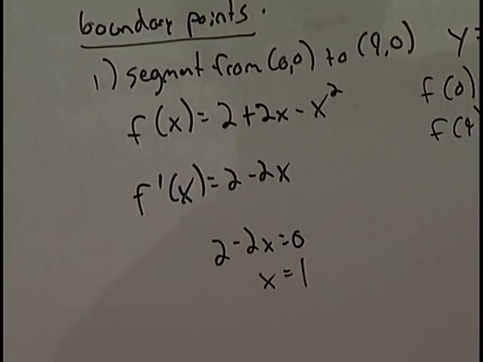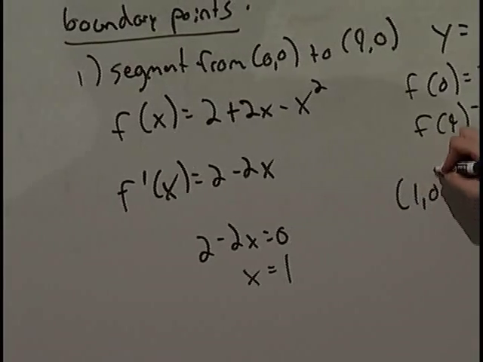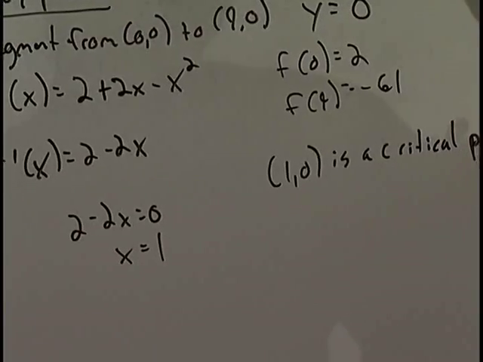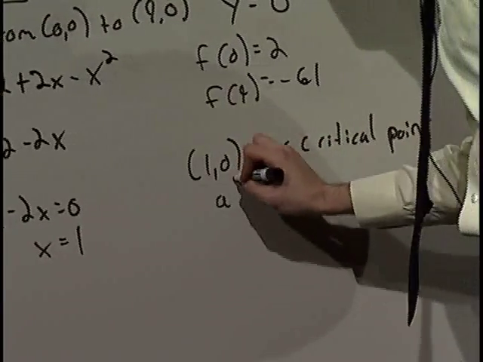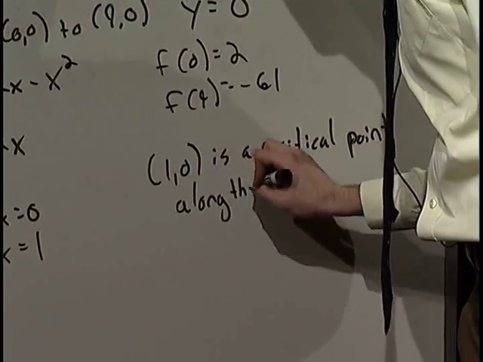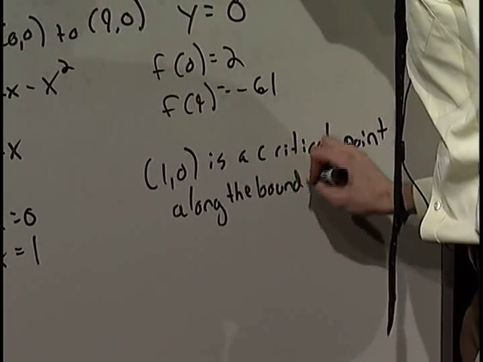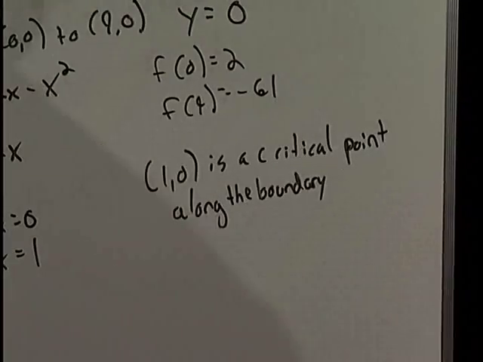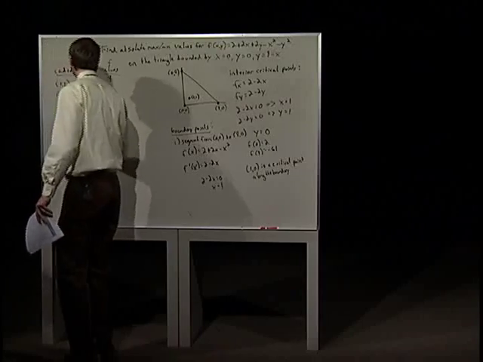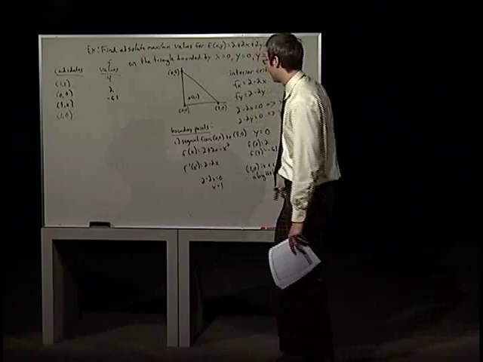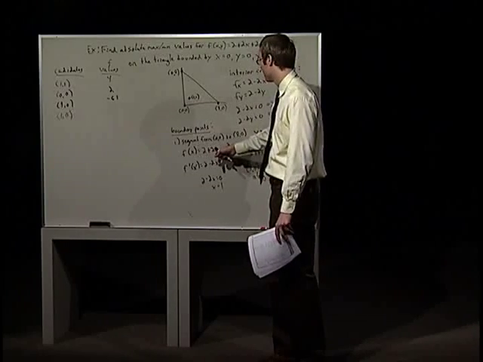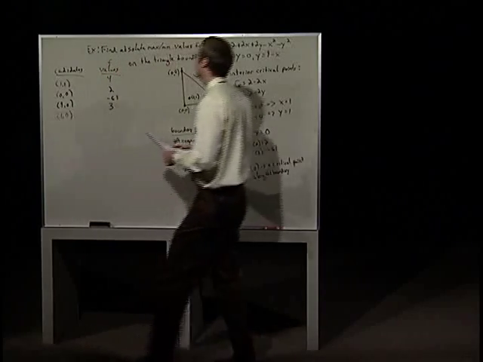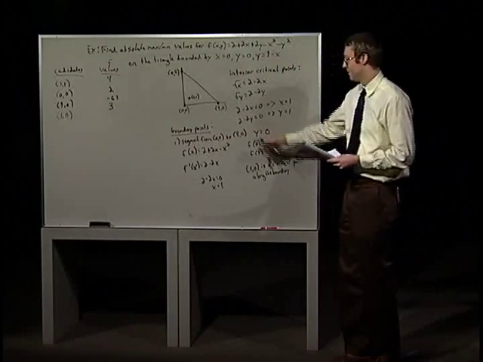So the point 1 comma 0 is a critical point along the boundary. Therefore, it has to be considered. There could be an extreme value there. So 1 comma 0, if I plug in 1 here, I get 2 plus 2 is 4, minus 1 gives me 3. Okay. So there's one segment.